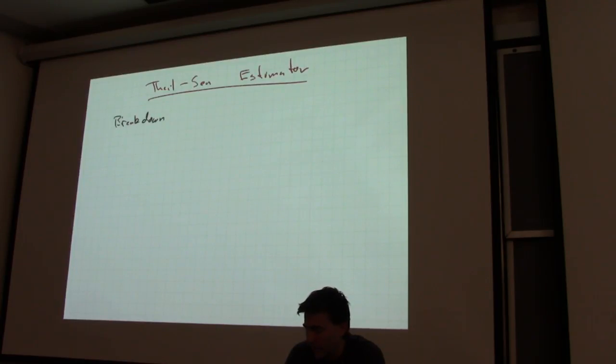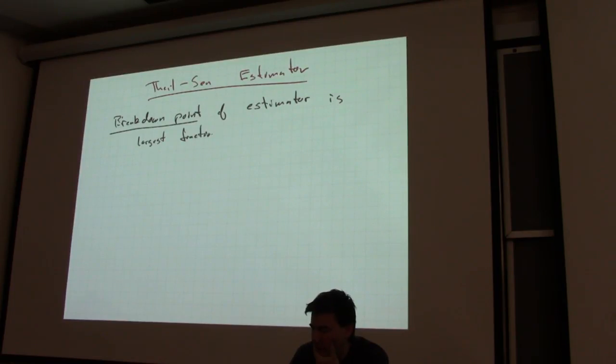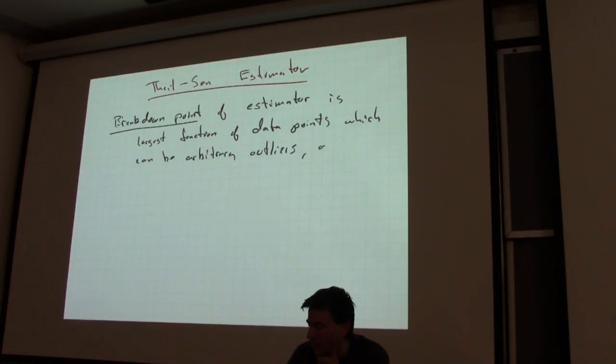So the breakdown point of an estimator is basically the largest fraction of data points which can be arbitrary outliers, and the estimator is still okay.